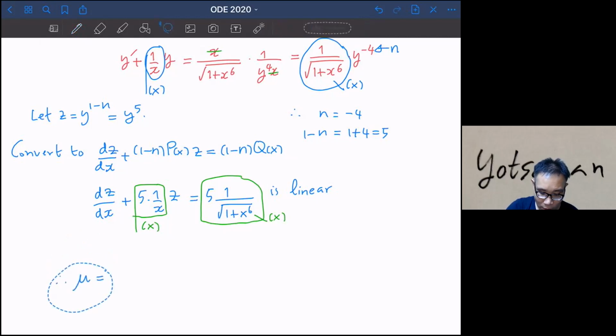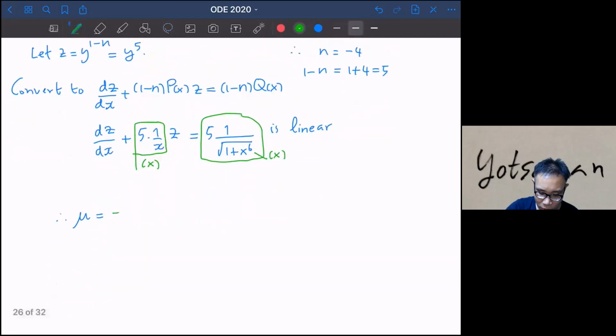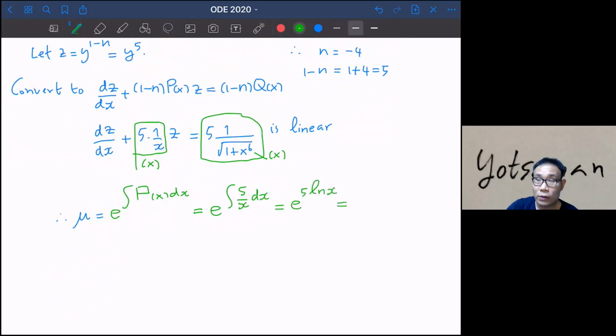So you have mu equal to e to the integral of p(x) dx. For this one, it's going to be e to the integral of 5 over x dx. So it's going to be e to the 5 log x, which is e to the log x to the fifth.